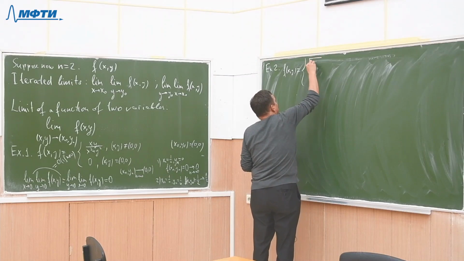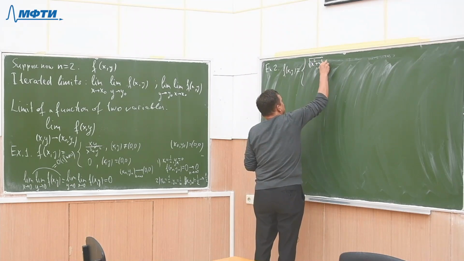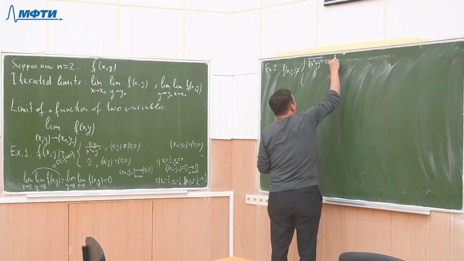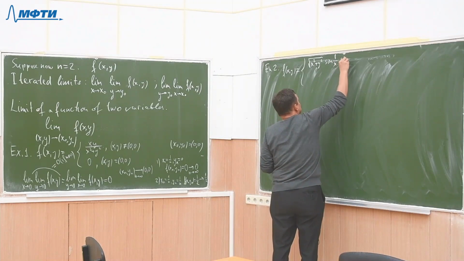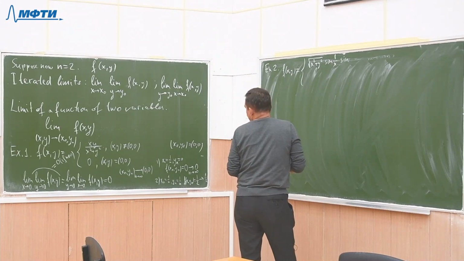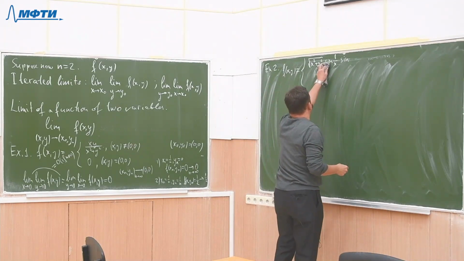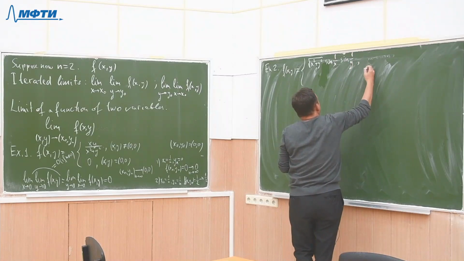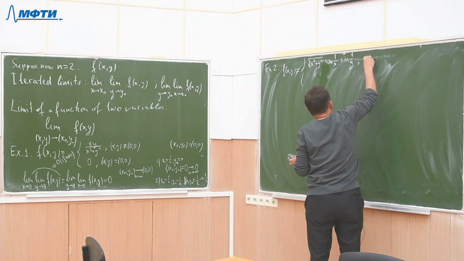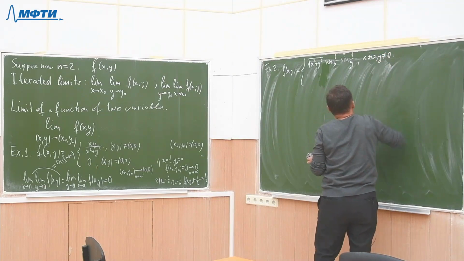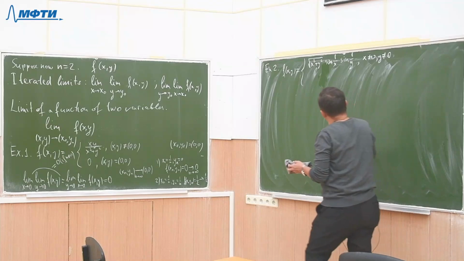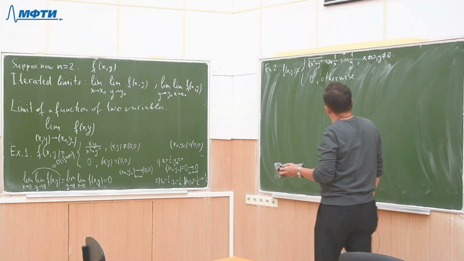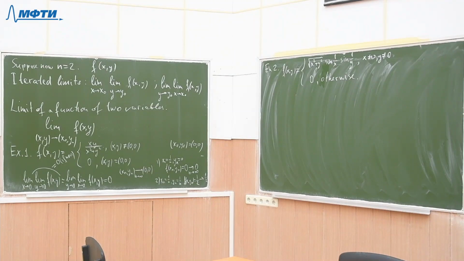That is the square root of x squared plus y squared times sine 1 over x, maybe not sine, maybe it's better to take cosine, doesn't matter, sine 1 over y, when x is not equal to 0 and y is not equal to 0, and 0 otherwise. So the function is well defined everywhere.